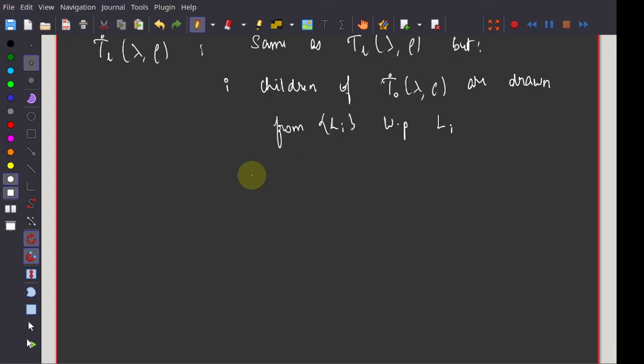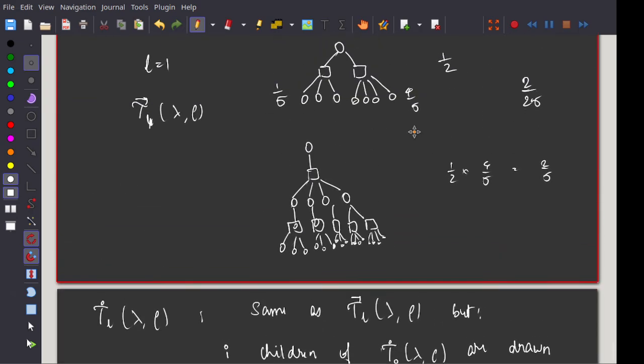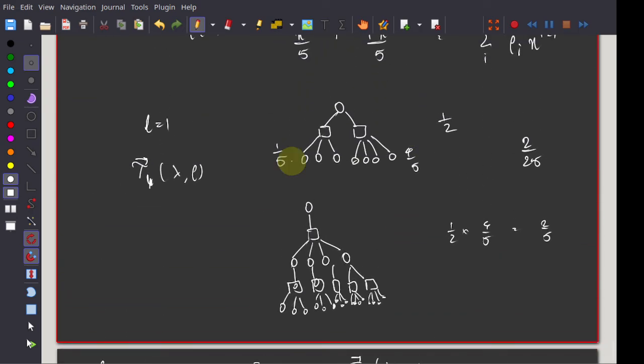Right? And what is the probability with which you draw the neighbors? It is not drawn according to lambda of x, but it is drawn according to L of x. Okay? So it's only for that first level, only for the children of the root. For everything else, it is the same as before.